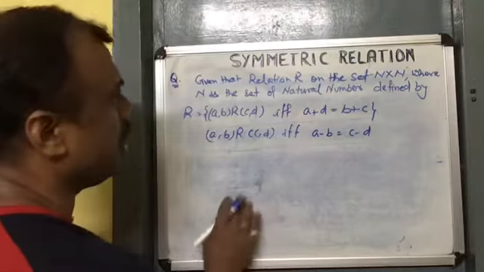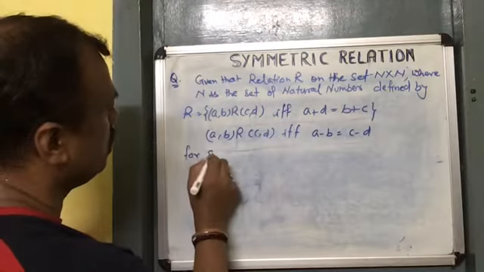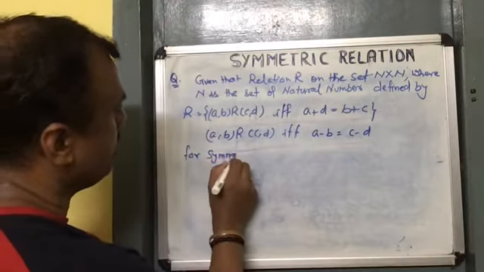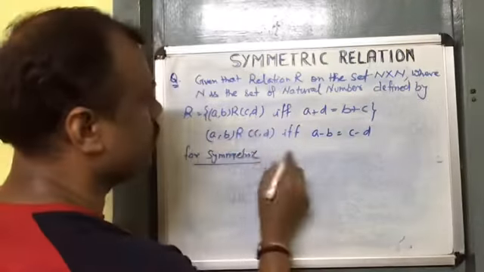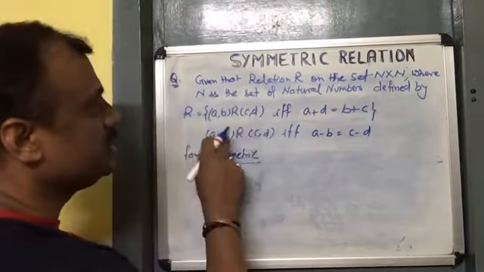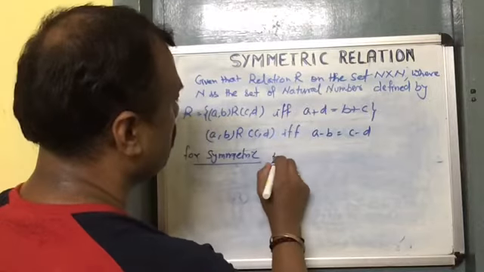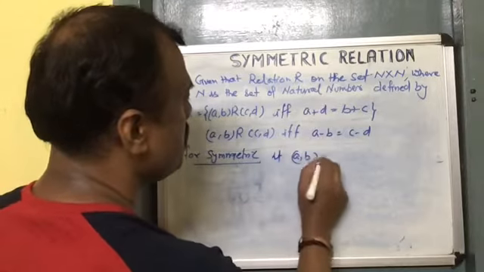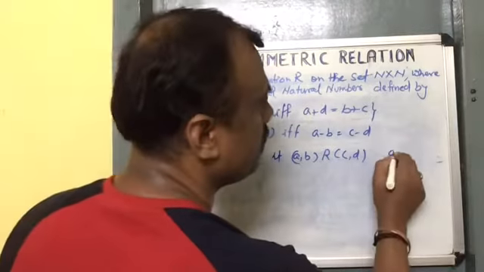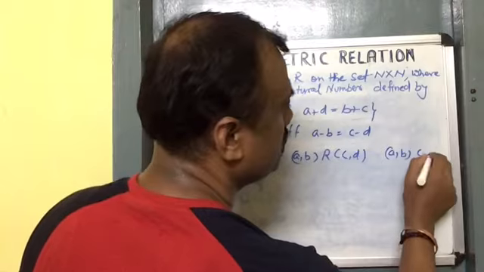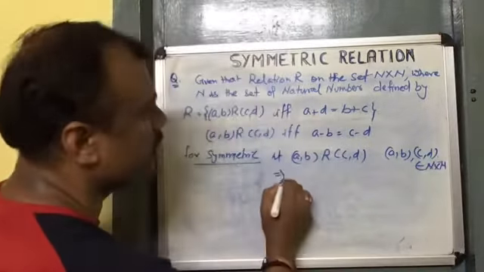For that, I have to take this one for symmetric. Okay, let us take general elements. So whether we are able to write (C,D) related with (A,B) or not. I am starting with, let (A,B) be related with (C,D) for some (A,B) and (C,D) belonging to N cross N. Okay, this implies what?